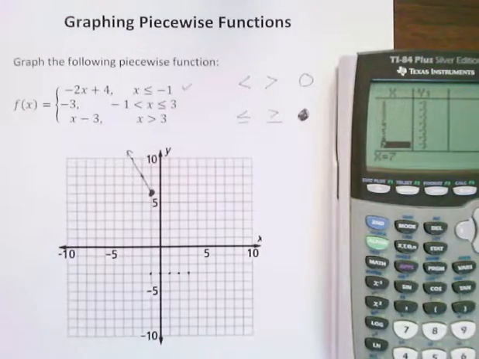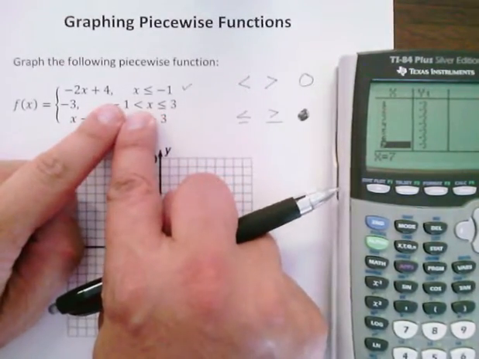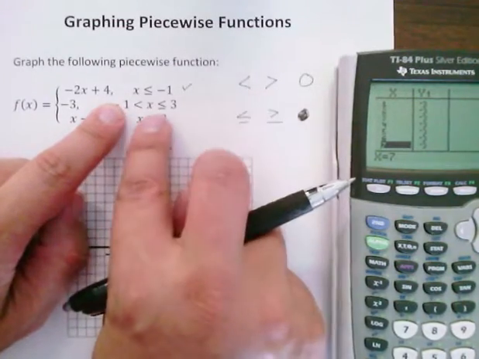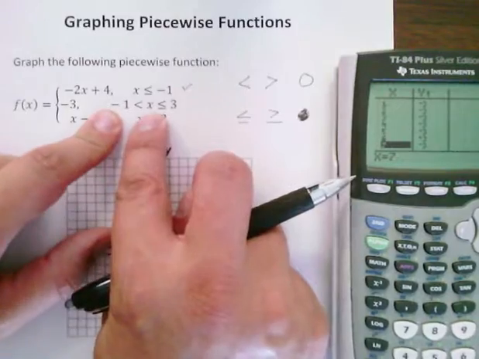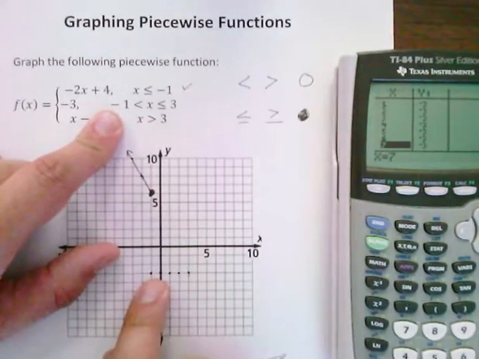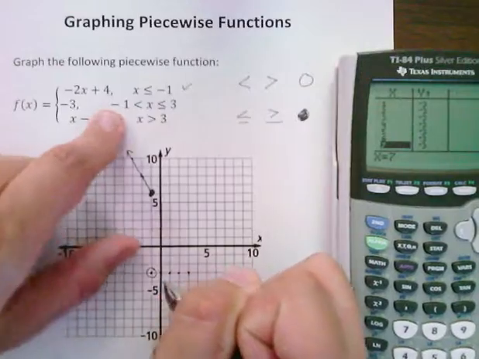Okay? Final thing I need to worry about is open and closed circles. So when x is -1, looking at this inequality, and back to Algebra 1, I need to have an open circle when my x value is at -1. So this point down here represents (-1, -3). My x value is -1, but I need an open circle there.